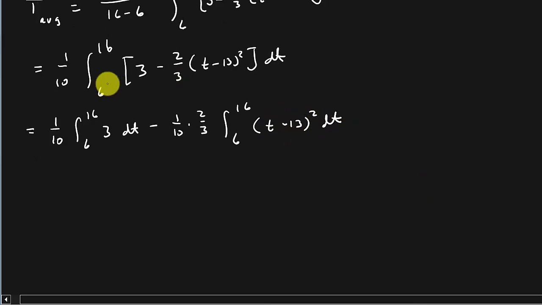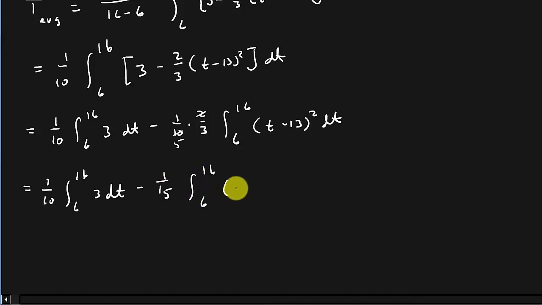So I pulled out the minus 2/3. And so that's going to be 1/10 integral from 6 to 16 of 3 dt, minus 1/15. So the 2 cancels with the 10, we're left with a 5, and 1/5 times 1/3 is 1/15. And then integral from 6 to 16 of (t minus 13) squared dt.